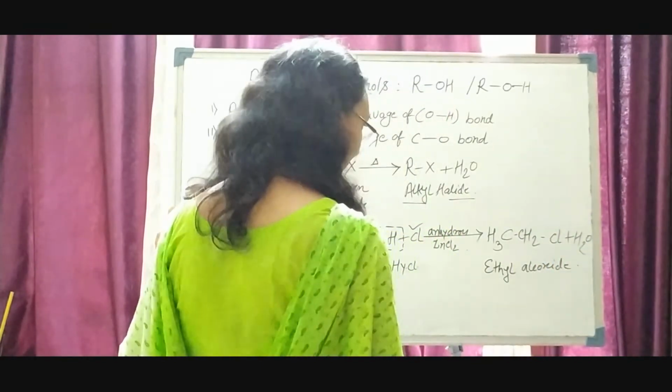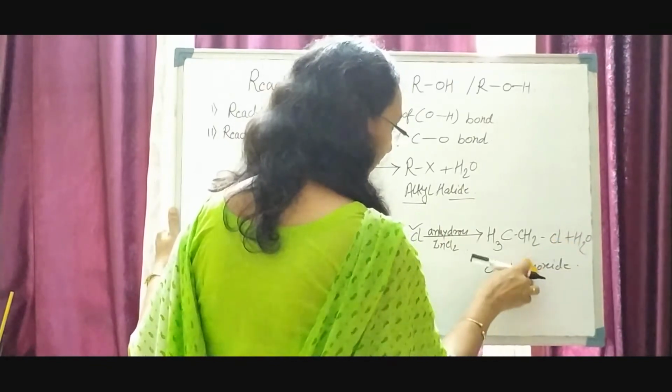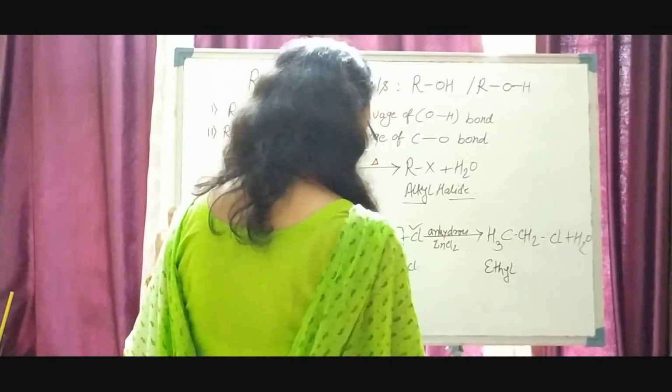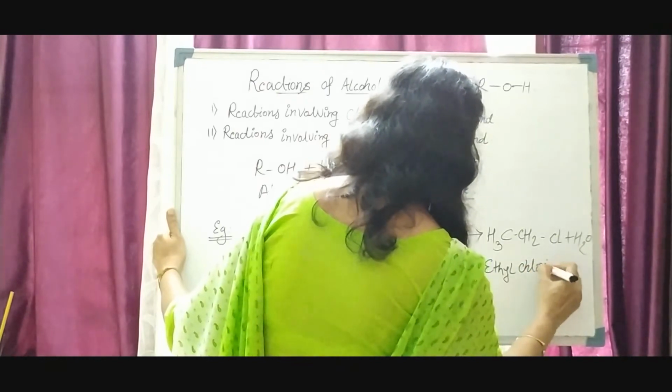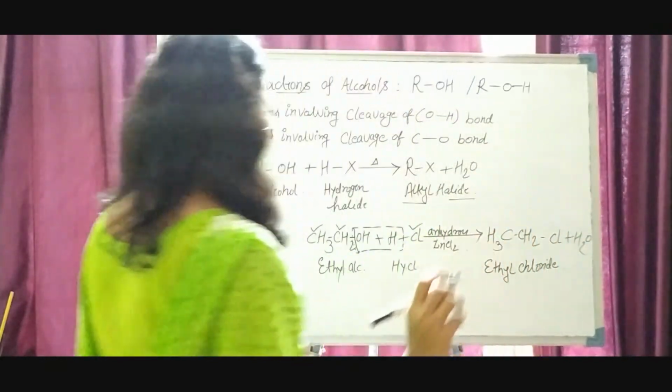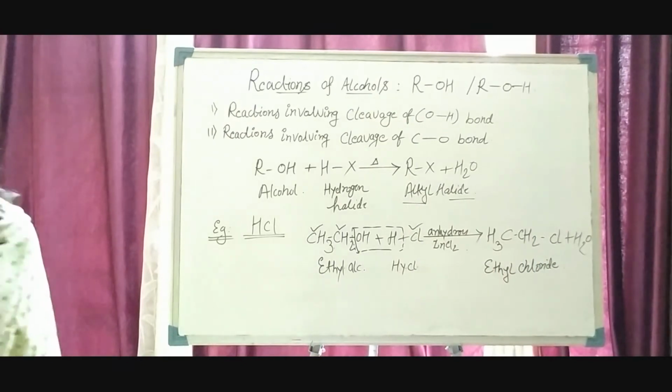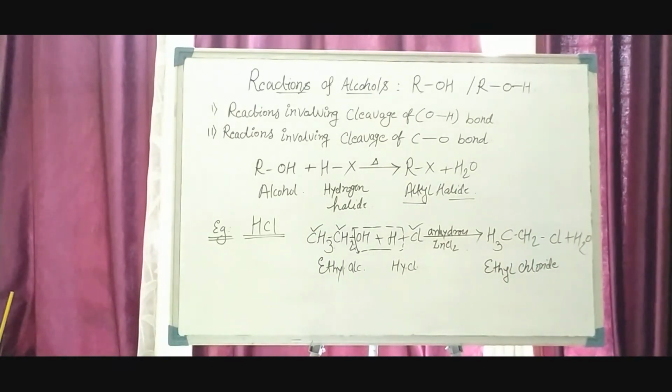Since we are using chlorine, this is ethyl chloride. Is it clear to all of you? Okay, there are many reactions involving the cleavage of the CO bond.